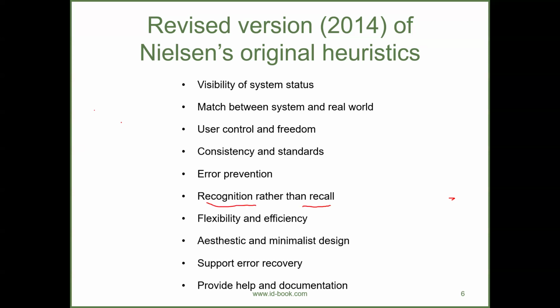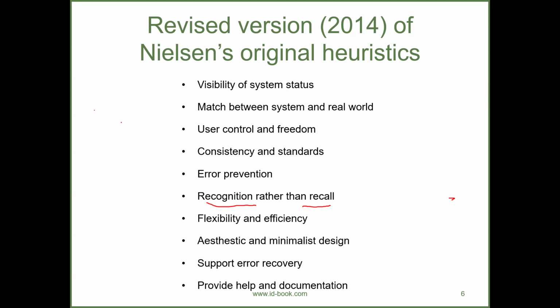recognition rather than recall. So we don't want the user to memorize the steps involved in carrying out some activity in your website. For example, if you have an e-commerce website wherein you are selling some product, then buying the product should be easy.